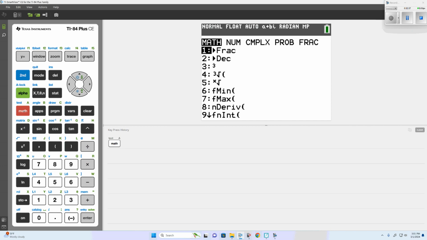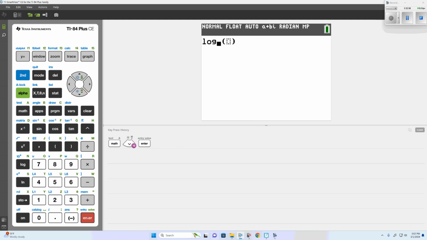Where is that? Under alpha. Scroll down and we find log base. Once you have that selected, hit enter.